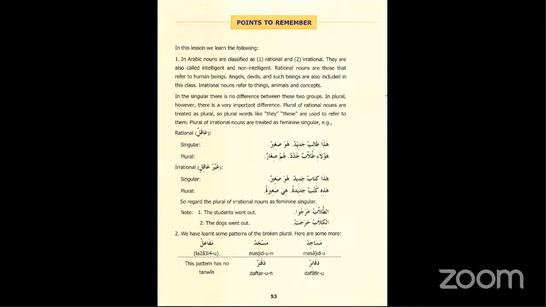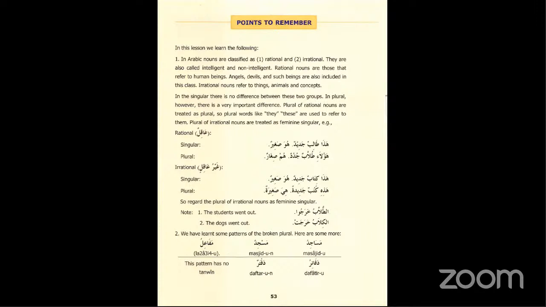Plurals of rational nouns are treated as plural, so plural words like they, these are used to refer to them. Plurals of irrational nouns are treated as feminine singular. For example, rational is aqil. Singular would be hadha talibun jadidun huwa saghirun.